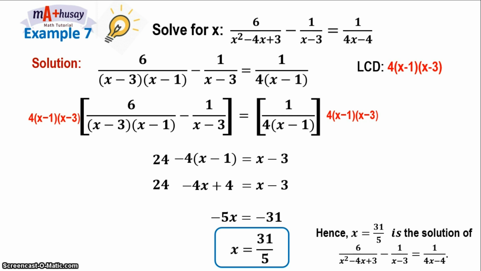So, again, if you test the value ng x equals 31 over 5, isa-substitute natin sa original na function, mag-hold true pa rin ito. So, ibig sabihin, ang 31 over 5 is the solution of this rational equation.